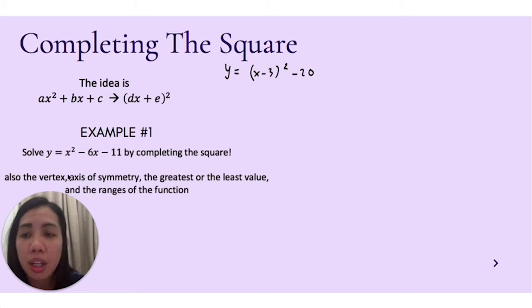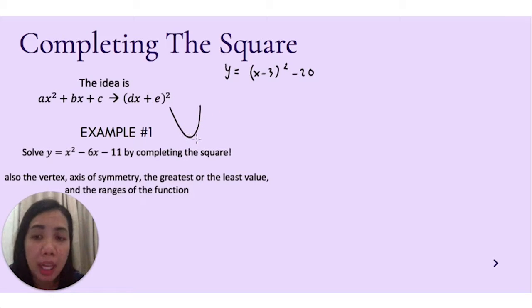Okay, first thing first, please pay attention to the value of a here. In this expression, a equals 1, which is positive a. So if we have a positive, then we'll have a parabola like this, an open upward parabola or a smile parabola like this. And then pay attention to this part.